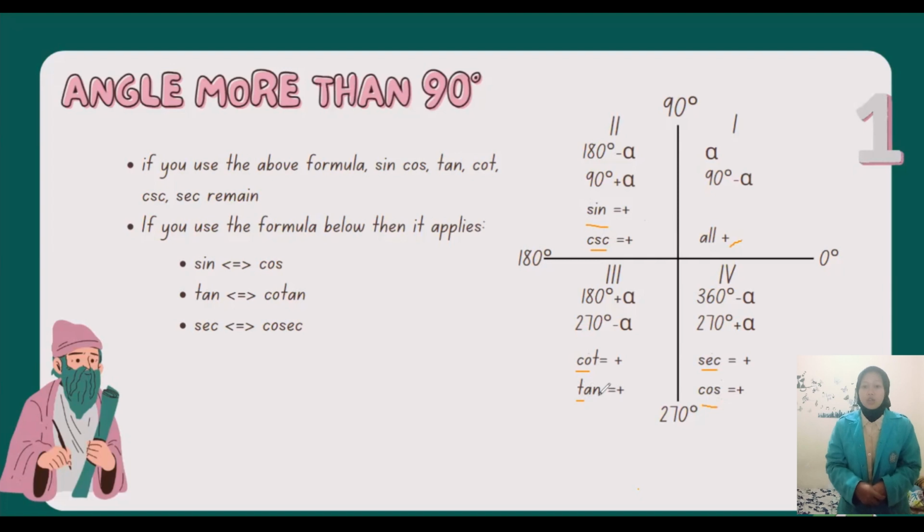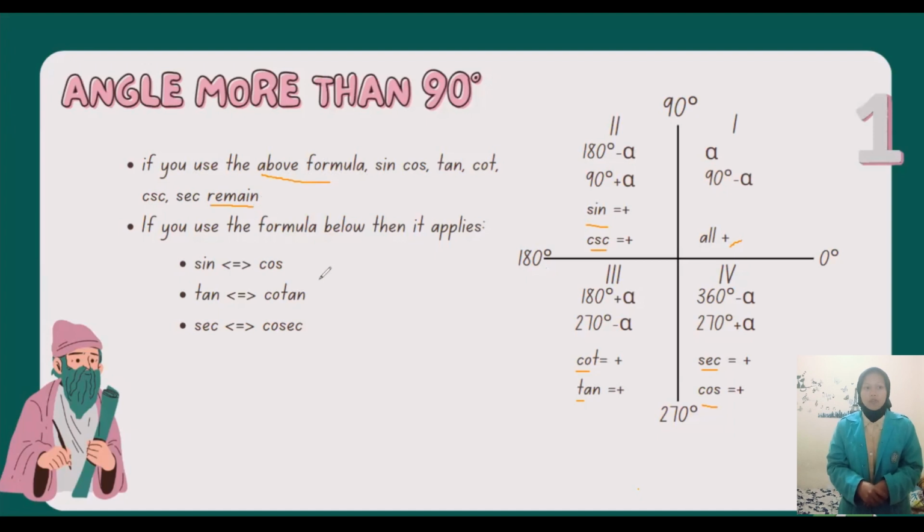Okay, in quadrant 1, 2, 3, and 4 there are two formulas. If you use the above formula, sin, cos, tan, cotangent, cosecant, secant remain.